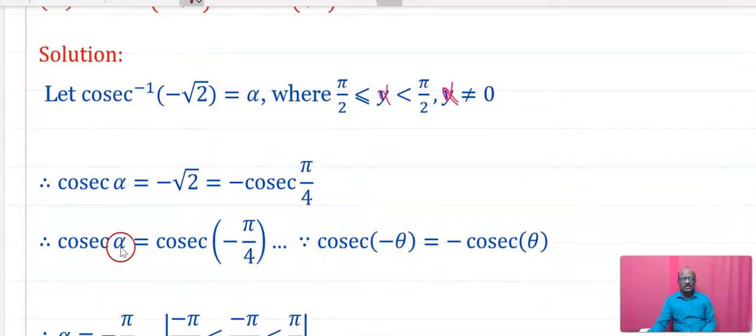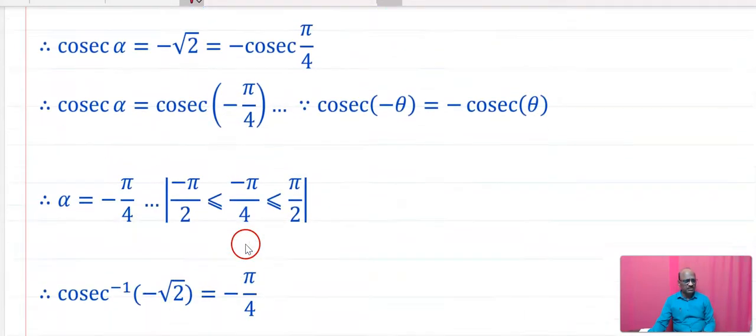Therefore, again using the formula cosec of minus theta is equal to minus cosec theta, we can write cosec alpha is equal to cosec of minus pi by 4. And this value of minus pi by 4 lies between minus pi by 2 to plus pi by 2. That's why alpha is equal to minus pi by 4.